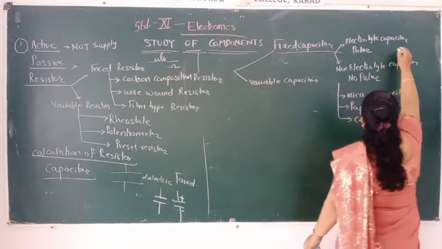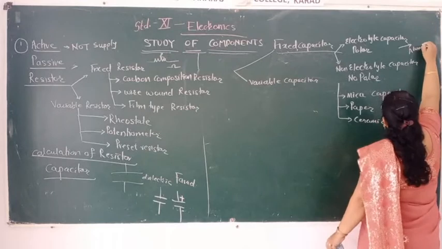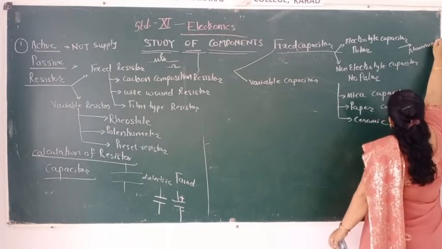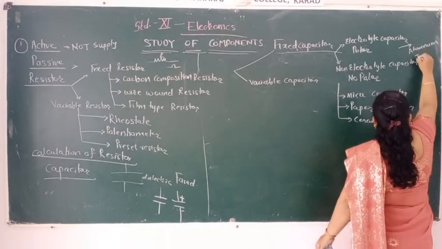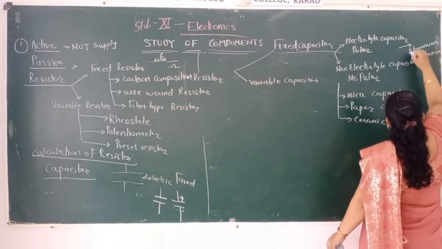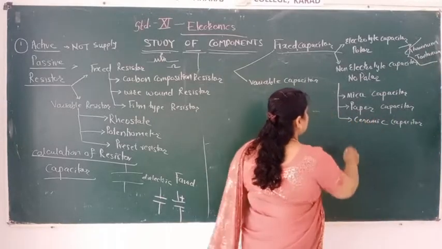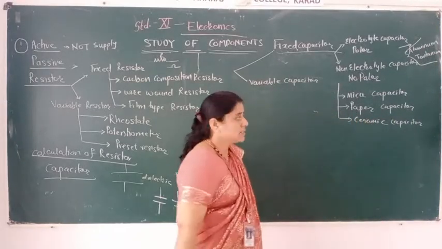The electrolyte capacitor has two types: aluminium capacitor and titanium capacitor. These are the types of the electrolyte and non-electrolyte capacitors.